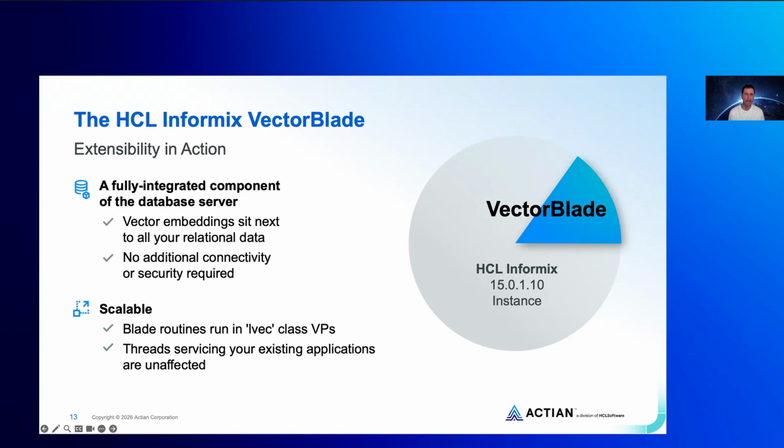Then if you don't already have an LVec class VP running, one will be spawned automatically. Obviously, we recommend that you add a line to your config file, a VP class line that includes an LVec class of some number of VPs that you want running. But initially, you probably won't have one, and so we'll automatically spawn one for you. And then the LVector shared library is loaded and dynamically linked into the LVec VPs. At that point, your blade is active and ready to go.